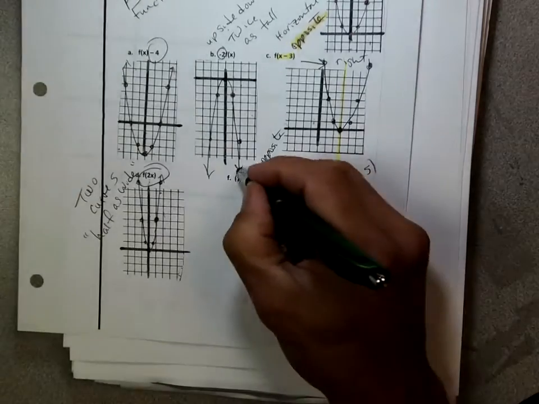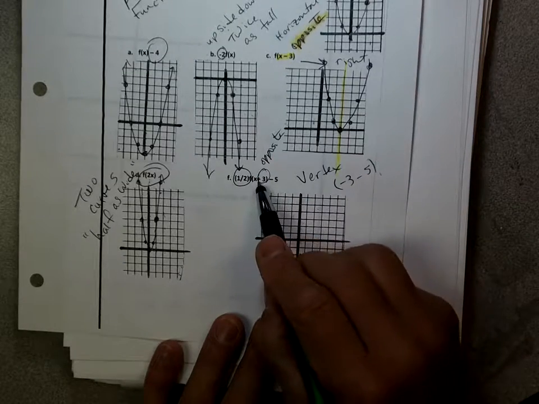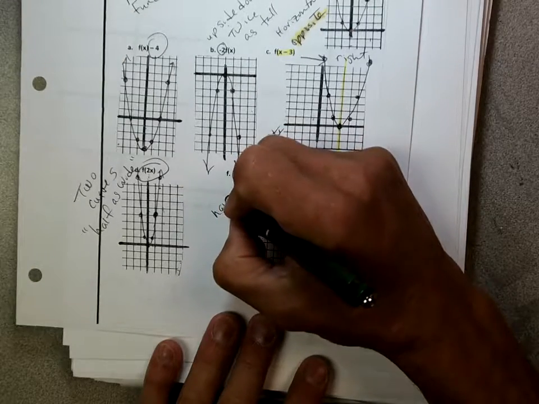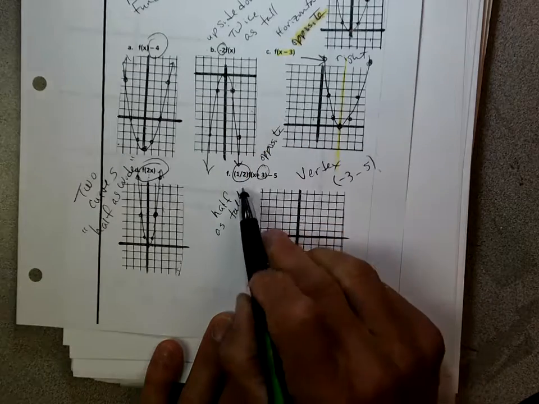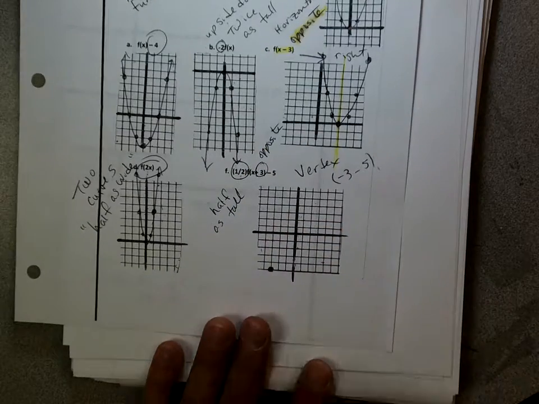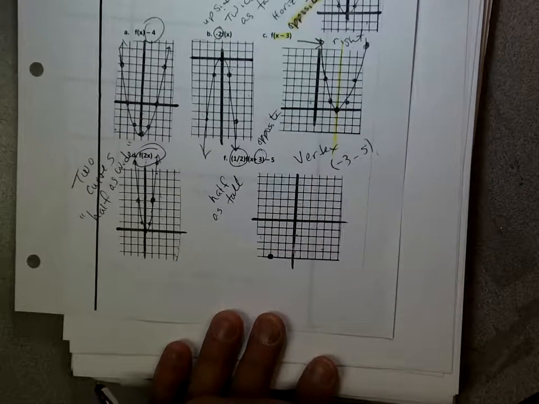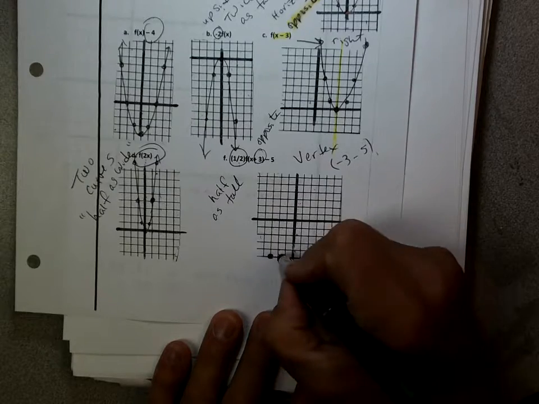And I'm going to make it half as tall. So now at least I have the vertex, -3, opposite of that, -5. Then I'll make it half as tall, because the factor is a 1/2 factor for the graph. Okay, that's not bad. So am I going too fast? Okay. So instead of going 1, 1 from here, half as tall, I'm going to go 1, 1/2.